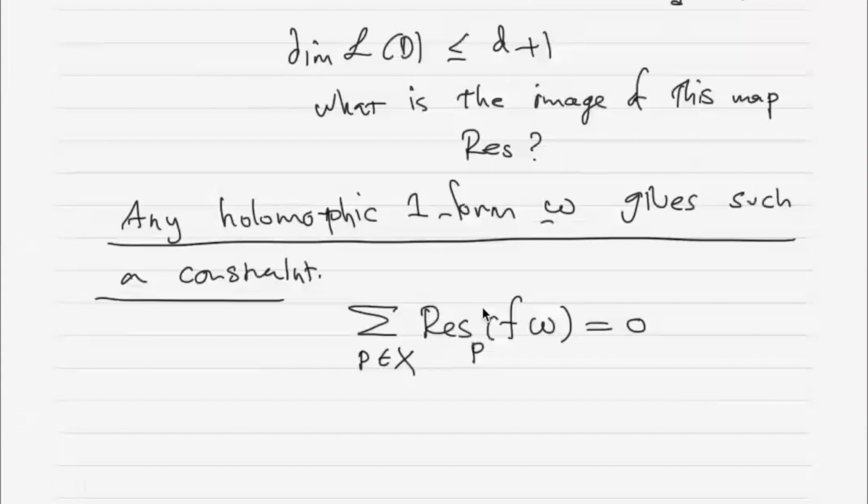Now, why does this give you a constraint? Because since omega itself is holomorphic, the residues only appear at points where F has simple poles. So this is nothing but the sum of residues of F at P times the value of omega.